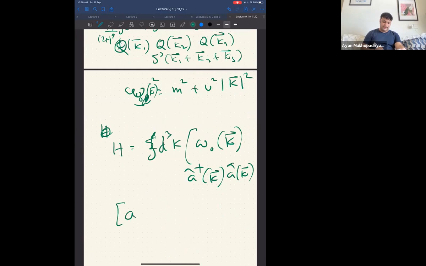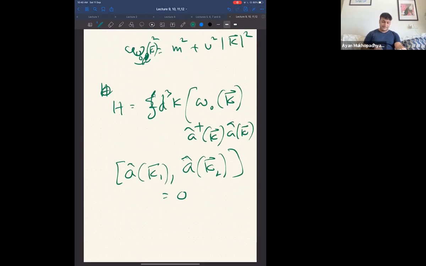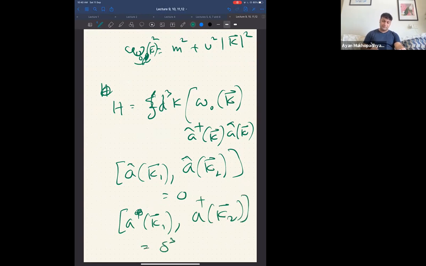And all of these, a k1, a k2, would be equal to 0, because different a's will commute, and similarly for a daggers. But a k1, a dagger k2 will be equal to simply delta cube k1 minus k2. So only when k1 and k2 are the same, you would get unity. Otherwise, you will get 0.